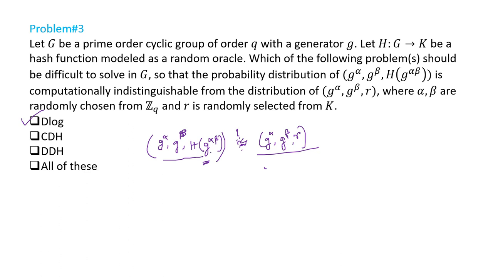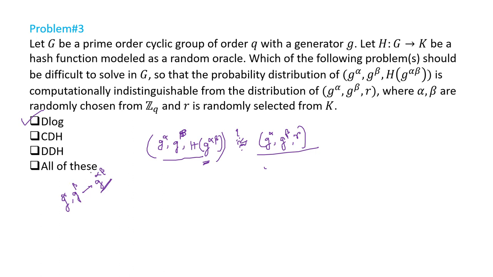We can find alpha beta if discrete log is not hard, but forget about discrete log now. Just assume that the CDH problem is solvable. If the CDH problem is solvable, that implies that from g to the power alpha and g to the power beta, you can directly compute g to the power alpha beta by some means not known. Somehow you are able to compute g to the power alpha beta directly if CDH is not hard.